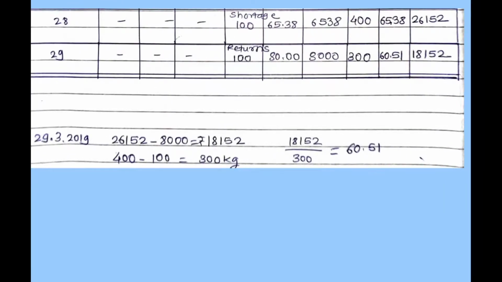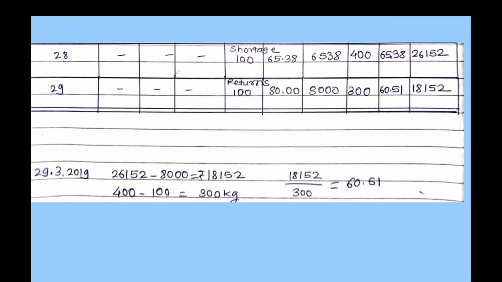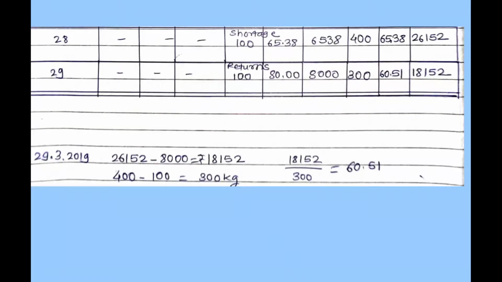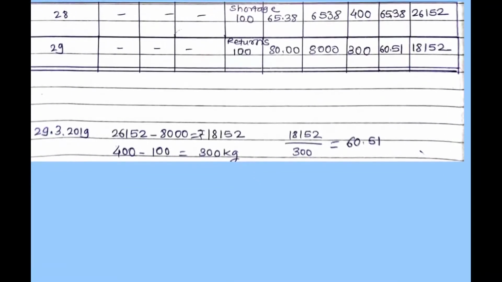Now out of this 400, 100 material has been given back, so remaining material is 300 kg. Here you can see the calculation: 400 minus 100, 300 kg, and the amount 26,152 minus 8,000 is equal to rupees 18,152. Now we have to recalculate our weighted average cost per kg. 18,152 divided by 300 kg, and we got our weighted average cost per unit rupees 60.51 per kg.